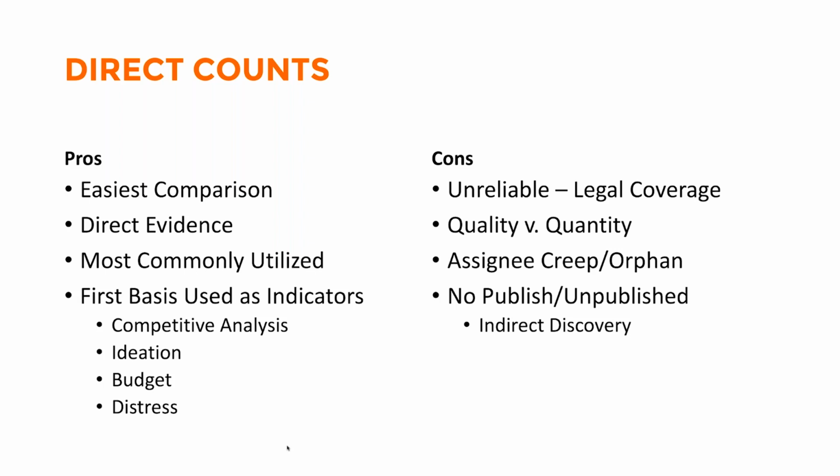Assignee creep and orphan patents. A lot of companies who are big buyers and sellers of companies have a tendency to sometimes lose their applications if they're not really focused on their patent portfolio. Most of the commercial systems out there do a terrible job, 60% accuracy or less, of finding which assignee belongs to which patent, especially when you have large merger and acquisition work.